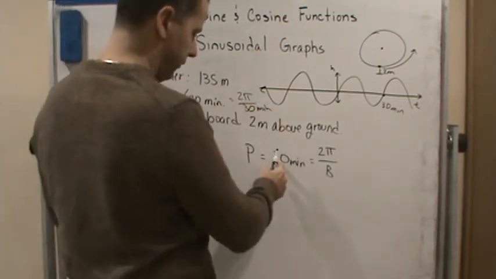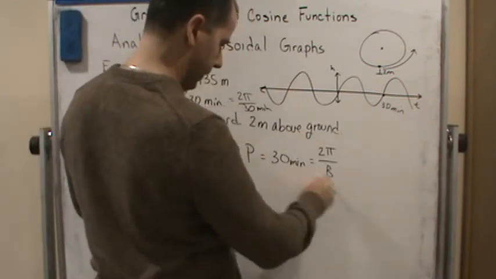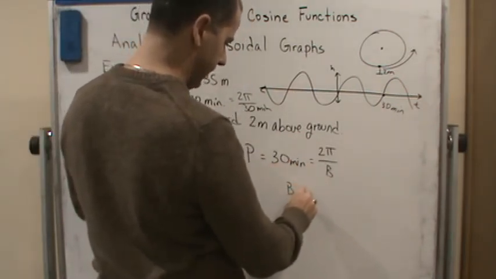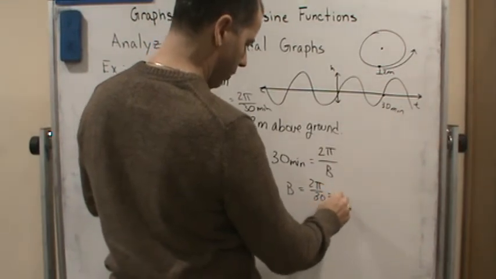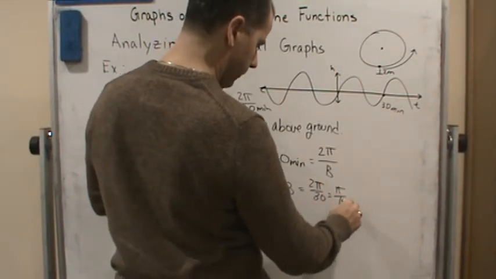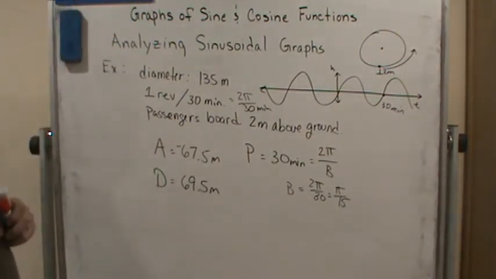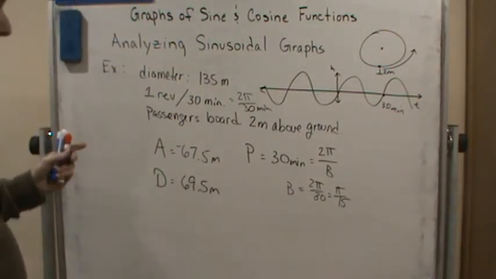If you solve for B by interchanging these two, we get B is equal to 2 pi over 30, or pi over 15. And there's our B. Now we've got everything we need.